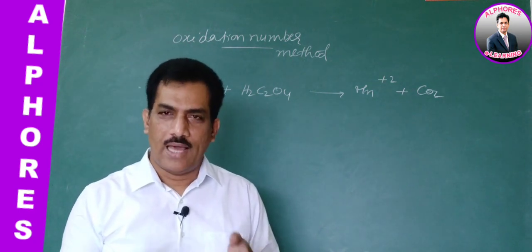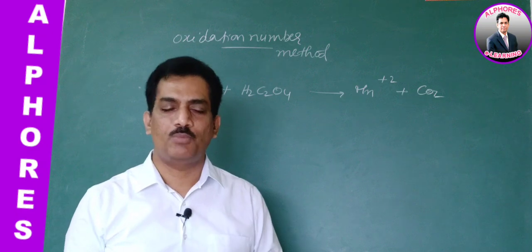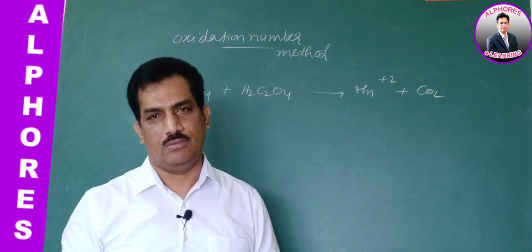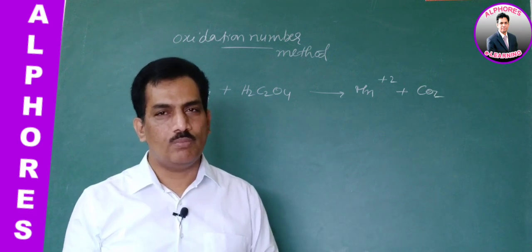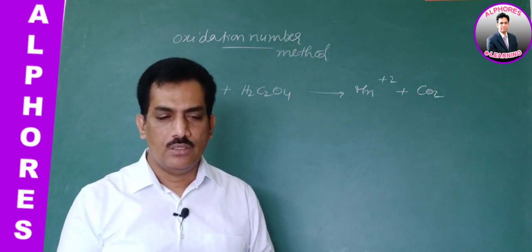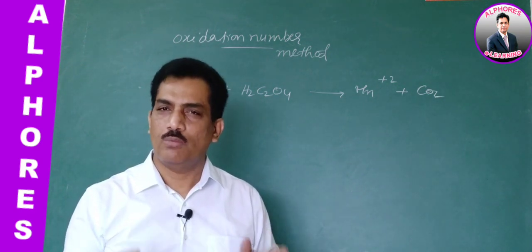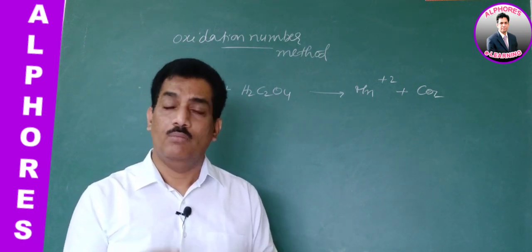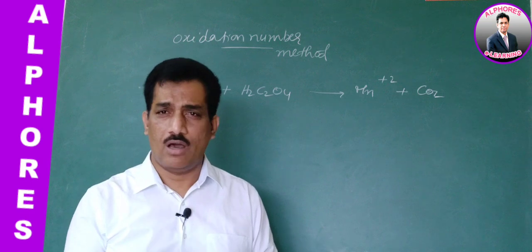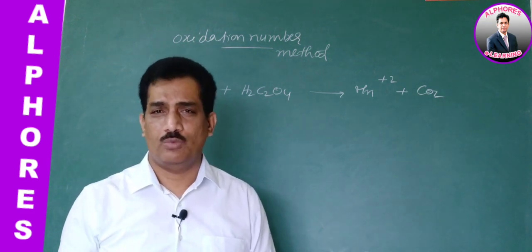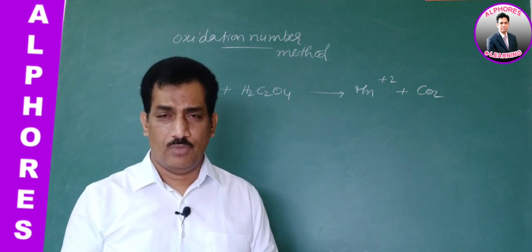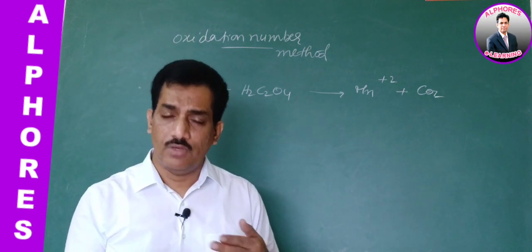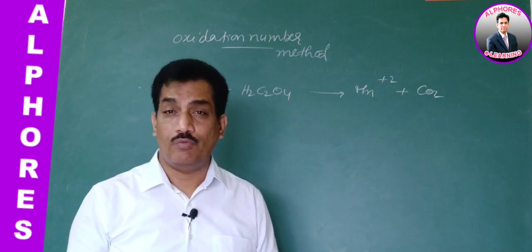That means directly or indirectly they ask us, before proceeding to calculations, we have to balance the equation. So we have to balance the equation within a short span of time. We should not take much time to balance. But in the case of the ion electron method, we already solved some balancing equations, and there we can find that some numericals take even 15 to 20 minutes.